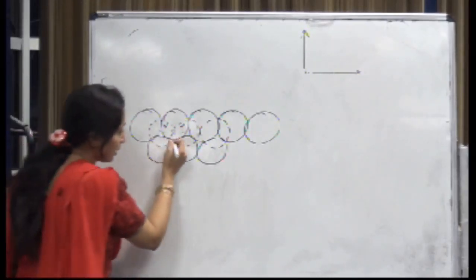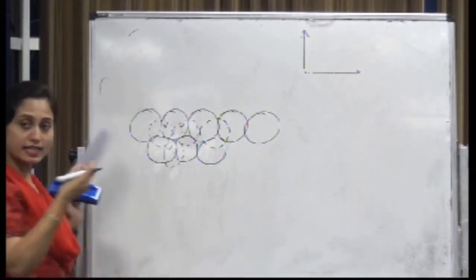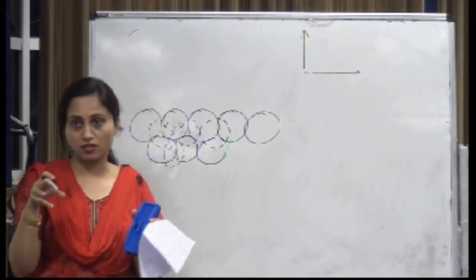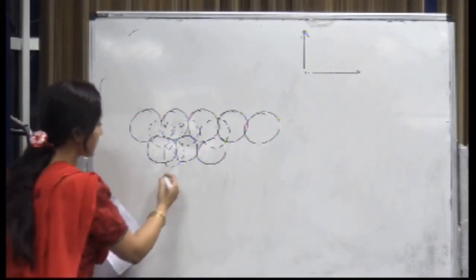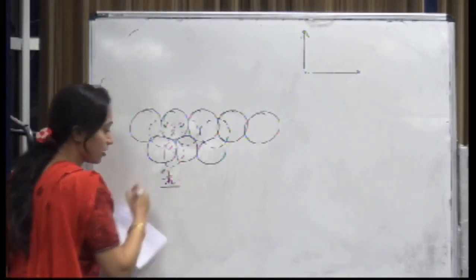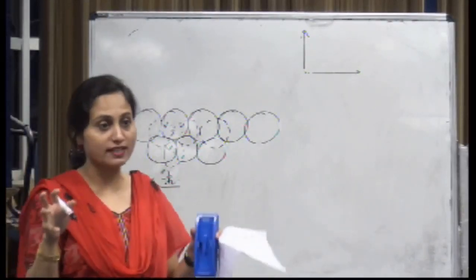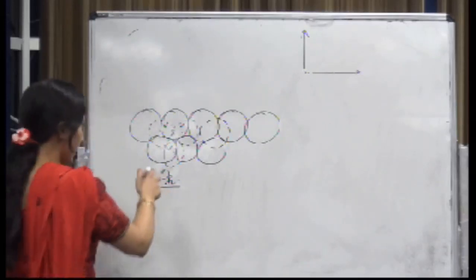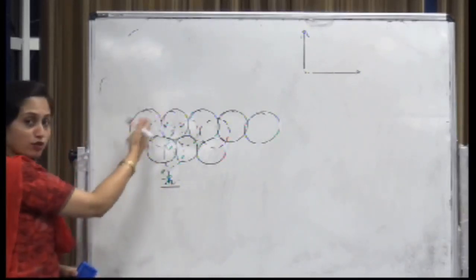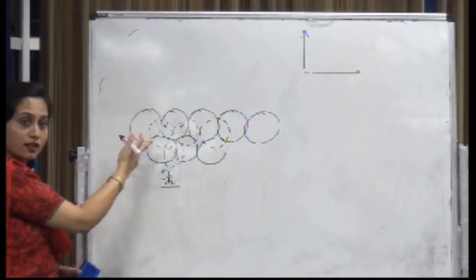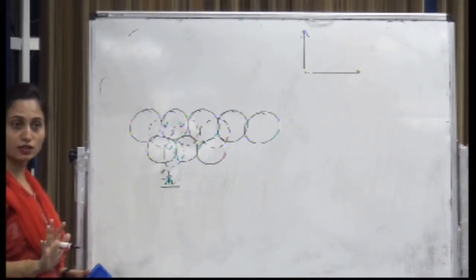So this particular space is now being covered by 6 spheres, and this is known as an octahedral void. So the space which is surrounded by 6 atoms is known as an octahedral void, and the one which is surrounded by 4 spheres is known as a tetrahedral void. Is this thing clear to everyone?